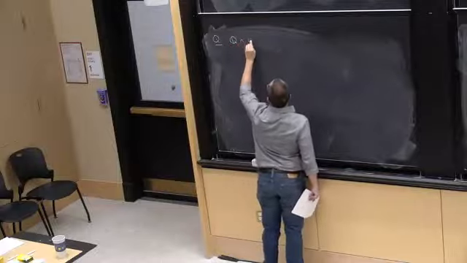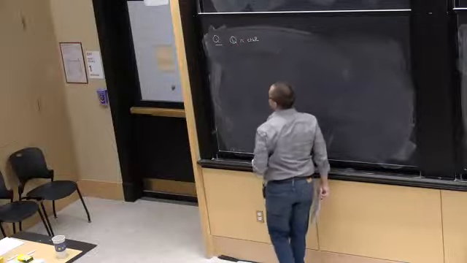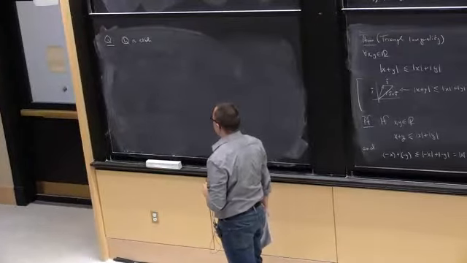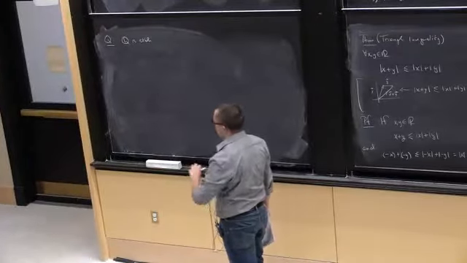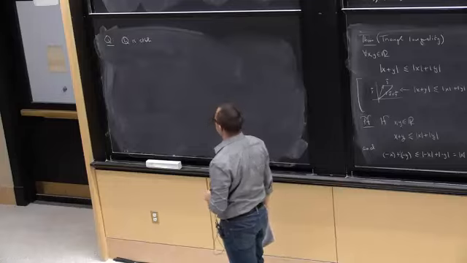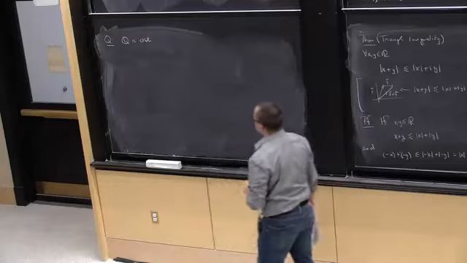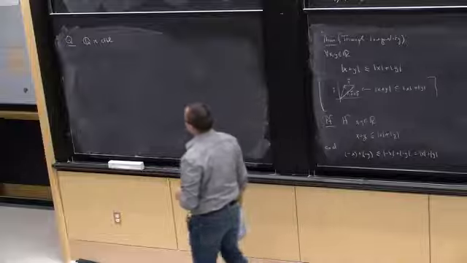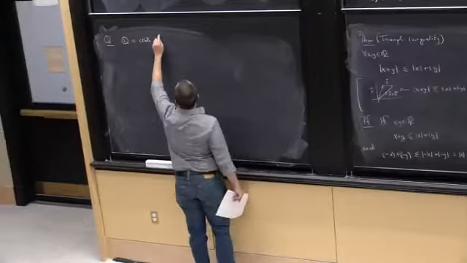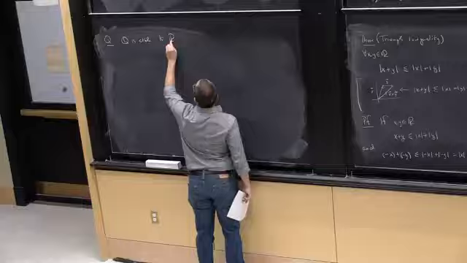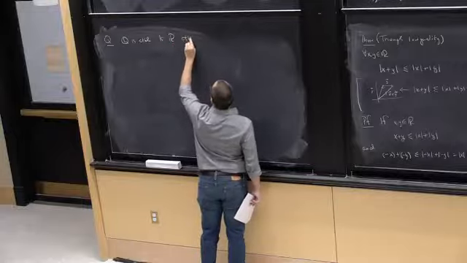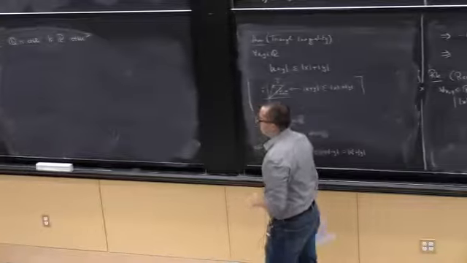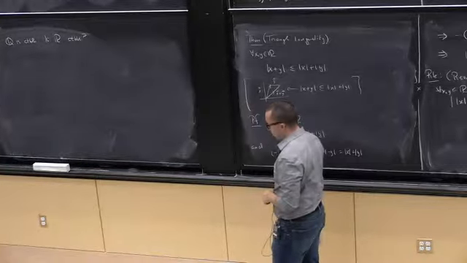This first part is not a question. We've already addressed this in the first assignment, the fact that the rationals are countable. In fact, you did it for the positive rationals, but if the positive rationals are countable, you can then prove that all rationals are countable. And a natural question is, is the set of real numbers countable?